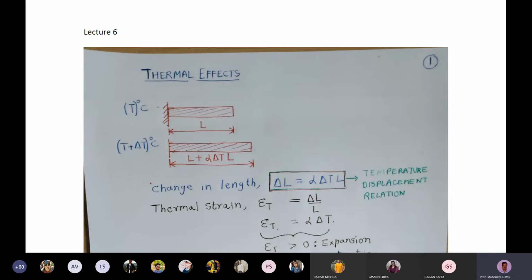Again we studied a composite column which was subjected to axial load, and we found the stresses in the copper tube and the steel cylinder. Then we analyzed a truss problem. It is composed of three members which were concurrent, and a point load is acting at that point of concurrency.